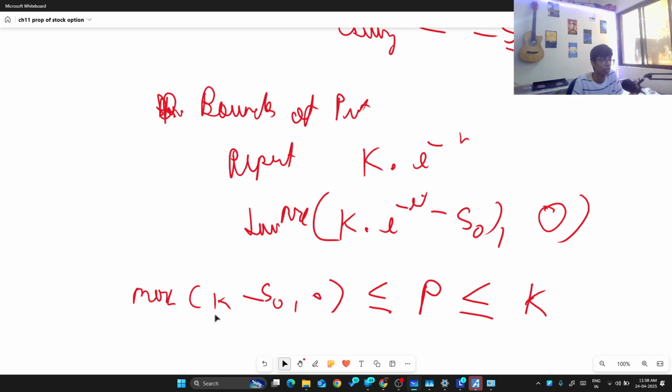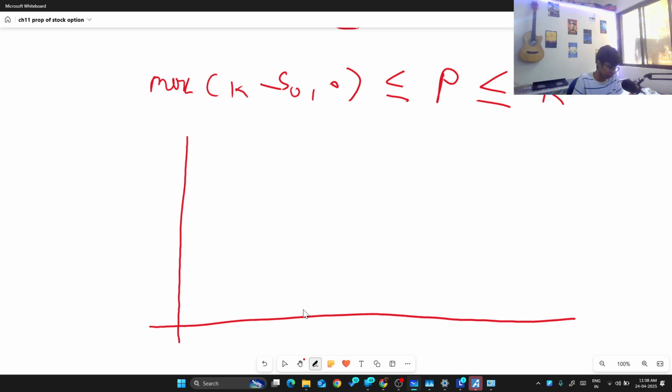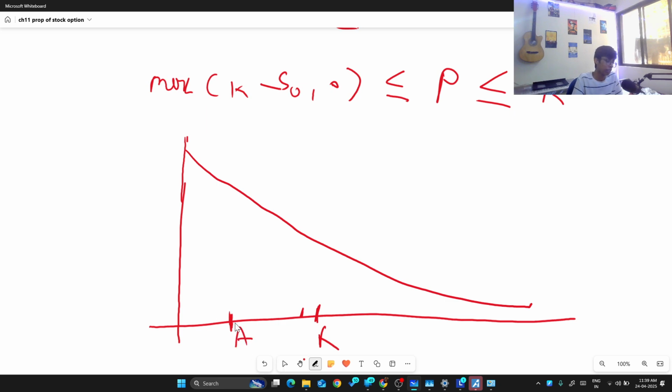And you can see it in a graph, you can plot this graph like this. That is the value of the American put price, strike is K. So you can see the price is more, the return is more, and here is A. We should exercise at A, because if the strike is here, the probability of the stock going down would be more as the time increases, and that's the calculation.